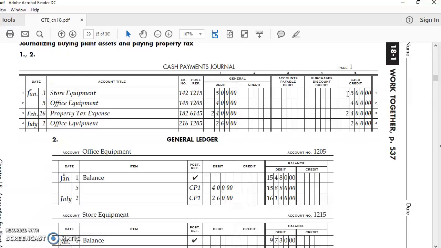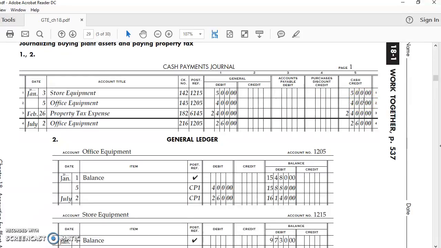On January 5th, we paid cash for an office chair. An office chair is used only in the office, and our customers do not see an office chair, therefore it's office equipment. The check is check number 145, and we have a $400 general debit, $400 cash credit.